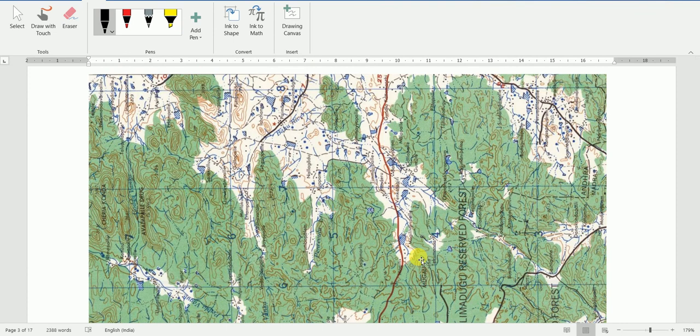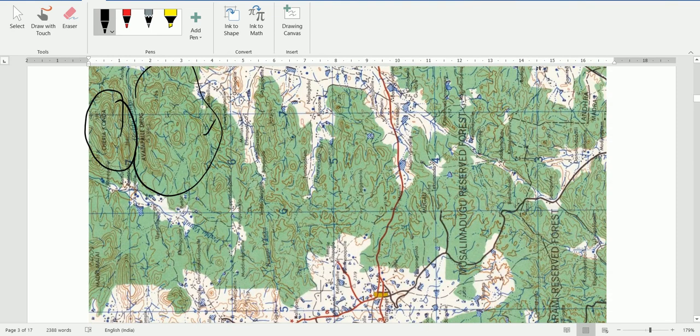See here, these are contours. Contours, you know, are lines joining places having equal height from the sea level. And here also, see, this is a mountainous area, this is also a mountainous area, and the heights of contours are also given here. The rivers are also represented, I think you may be seeing.